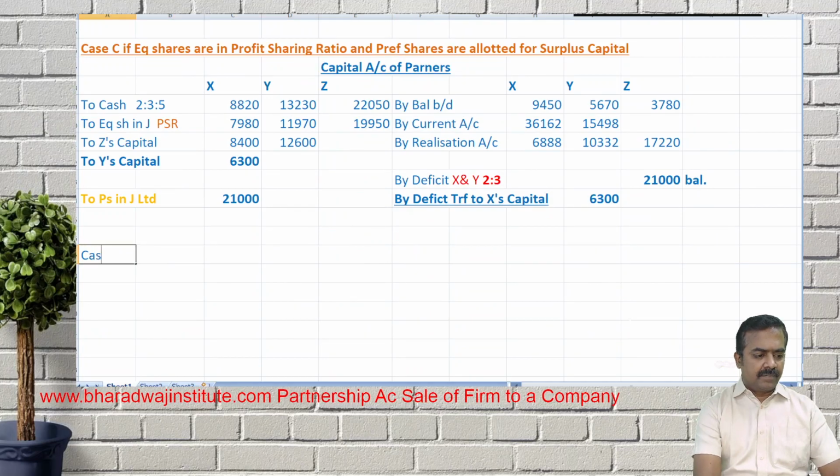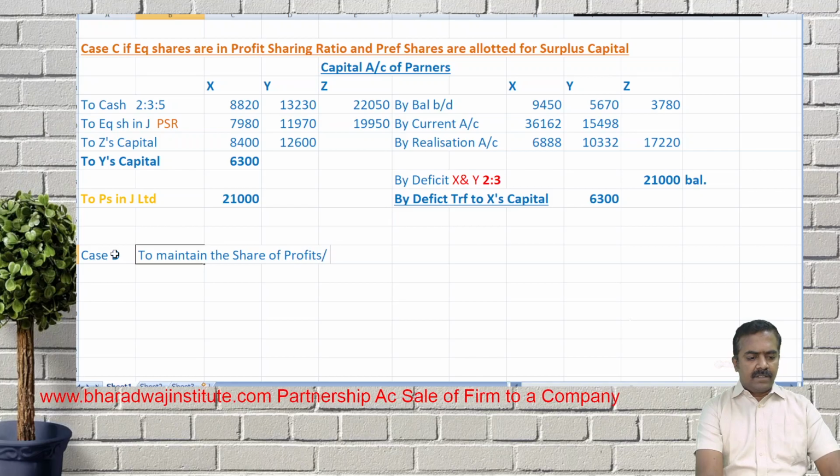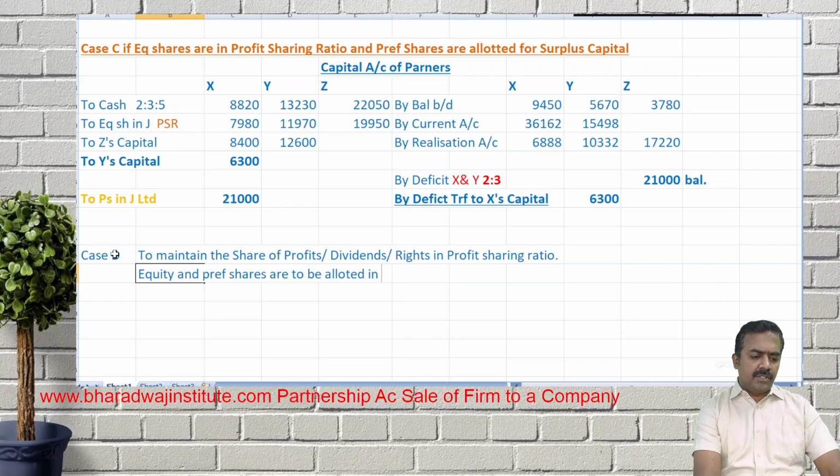Case D. To maintain the share of profits, dividends, rights in profit sharing ratio, equity and preference shares ought to be allotted in which ratio?